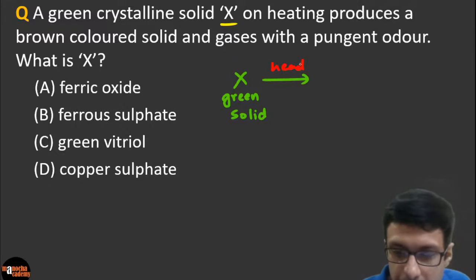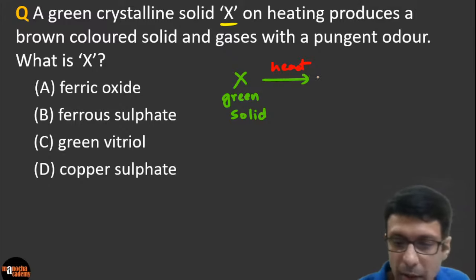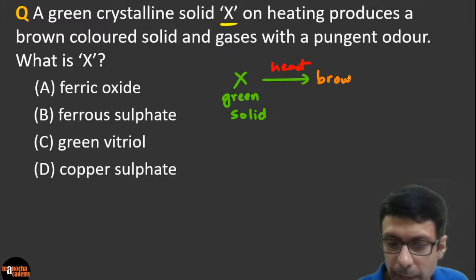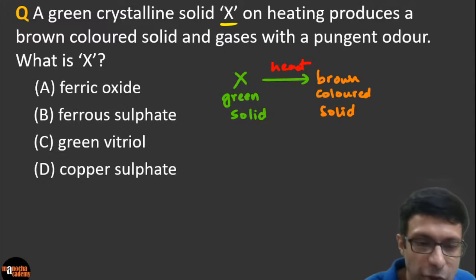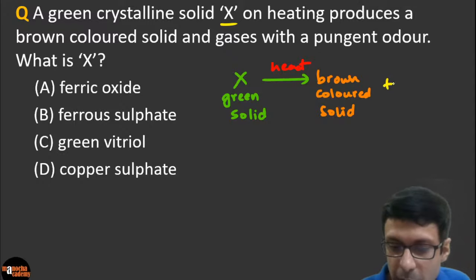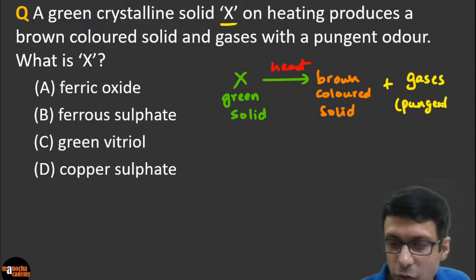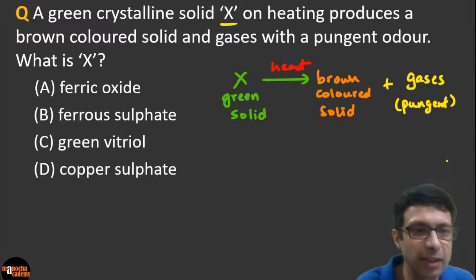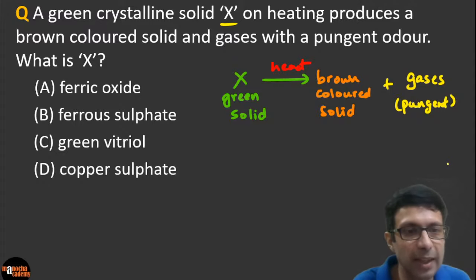So on heating, it produces a brown colored solid, and gases with a pungent odor, right? Plus it's producing gases with a pungent smell. Pungent means strong, irritating smell, right? Not pleasant, okay? So what do you think this guy is? Come on, I want all of you to try.